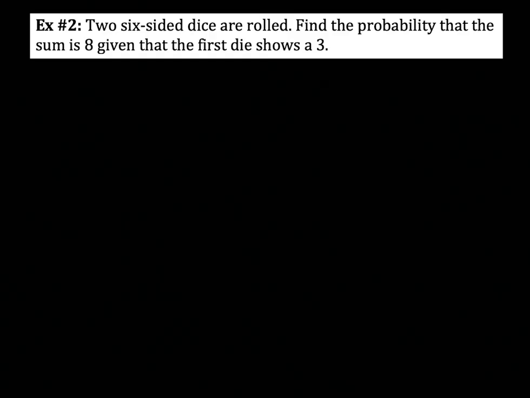So remember that there's 6 times 6 equals 36 outcomes for rolling 2 dice, right?